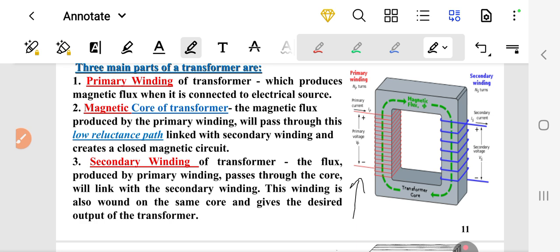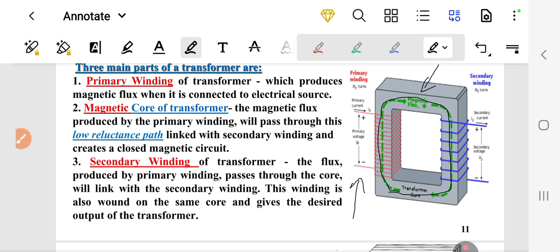The magnetic flux produced by the primary winding will pass through this core. All the flux produced by the primary winding is passed through this path to the secondary winding and linked with the secondary winding to create a closed magnetic circuit. The magnetic circuit must be closed like the electrical circuit. Therefore, the flux will pass in a closed path, which is the core.